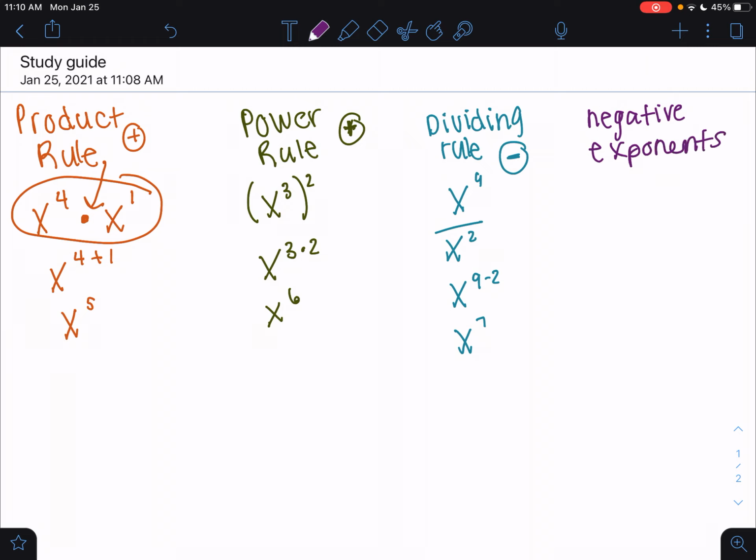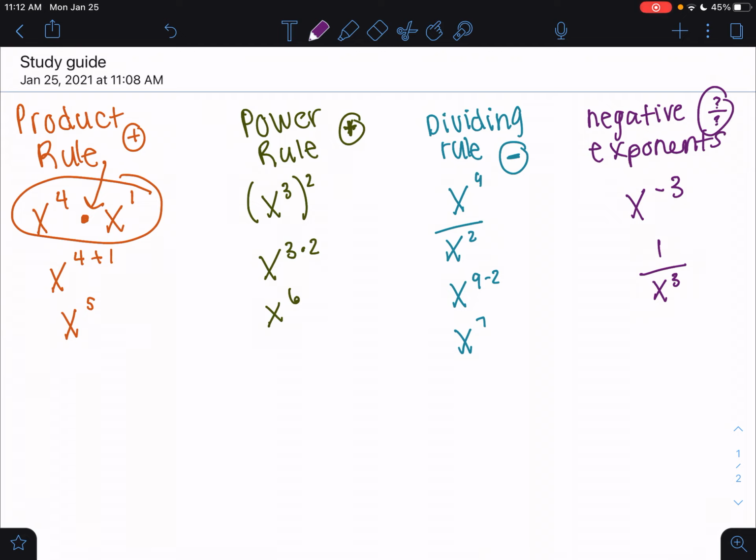When we have something like x to the negative 3, we don't want negative exponents, we only want positive, so that would become 1 over x cubed. So whenever you have a negative exponent, it's going to become a fraction of some sorts. All right?